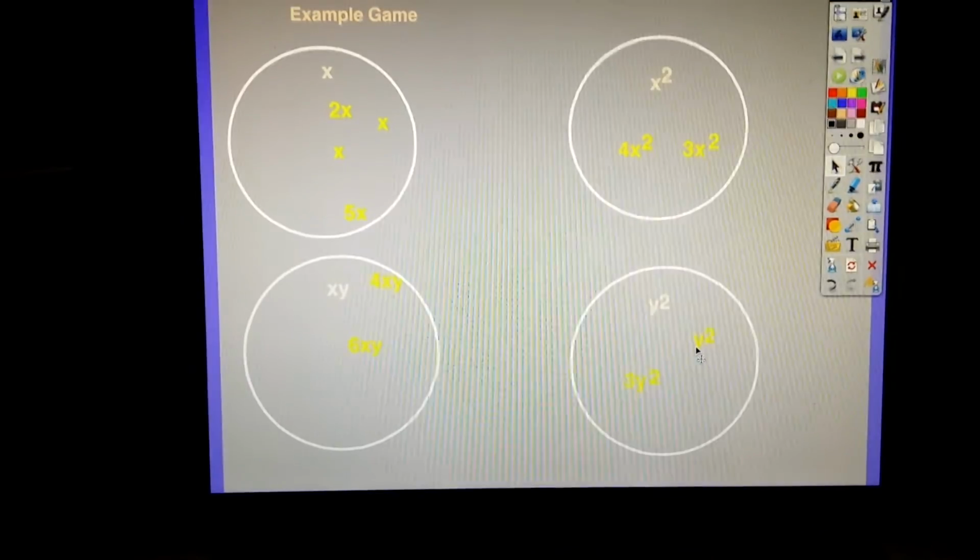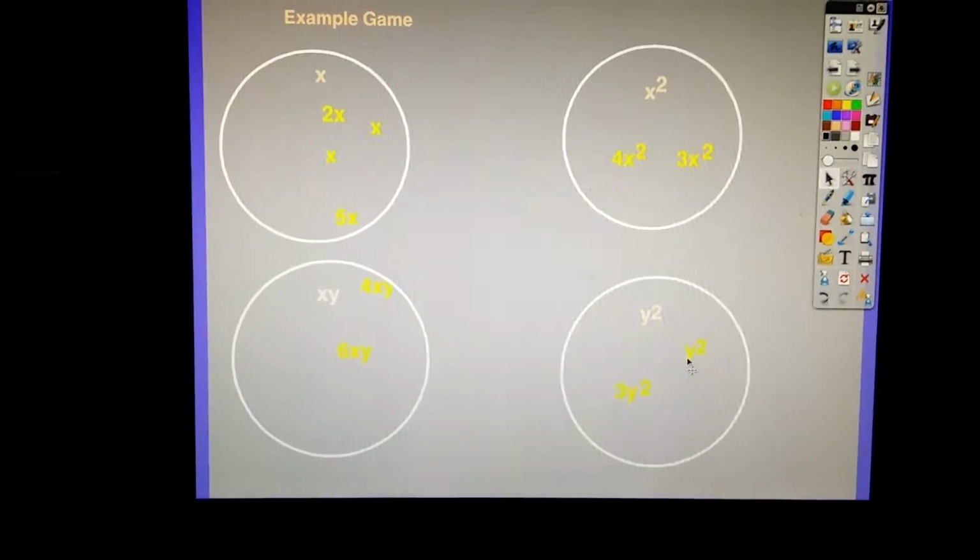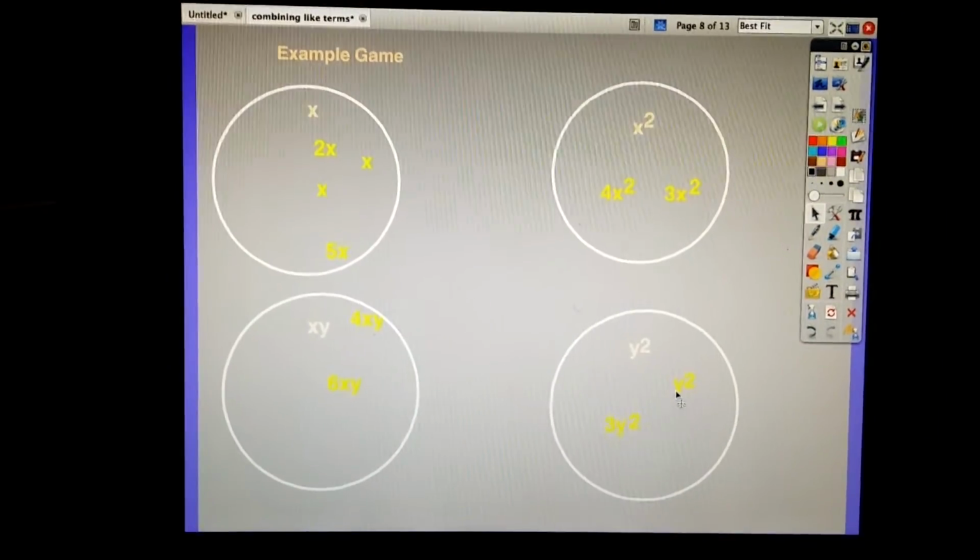Once all my yellow terms are in the correct circle, I will then total each circle.